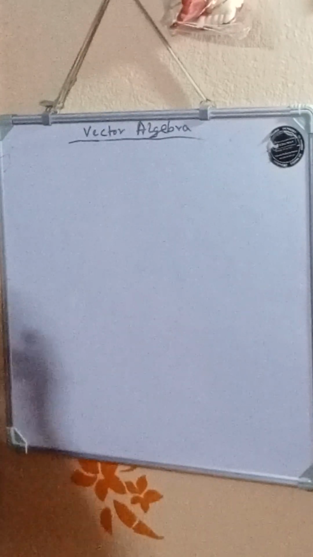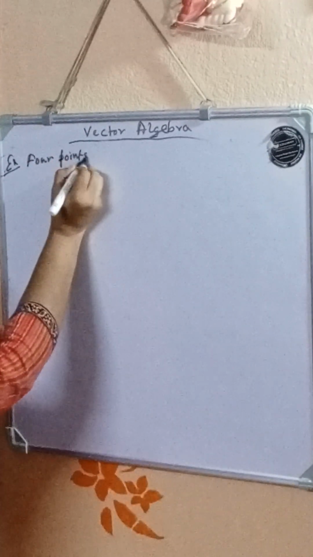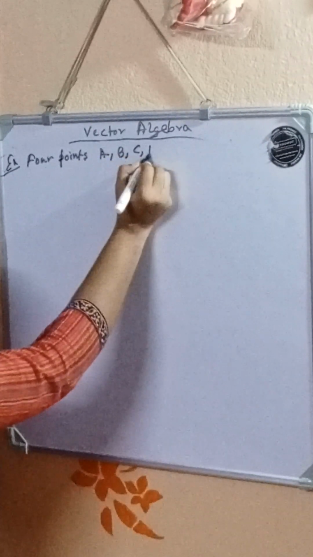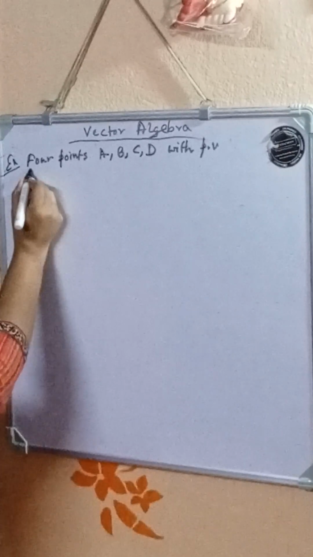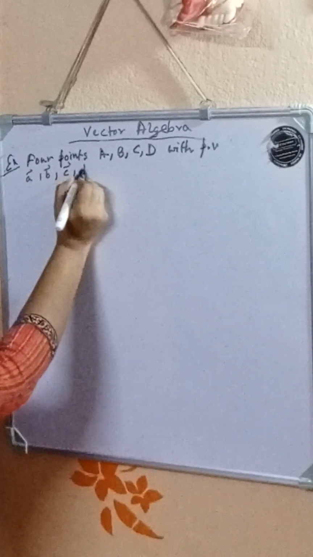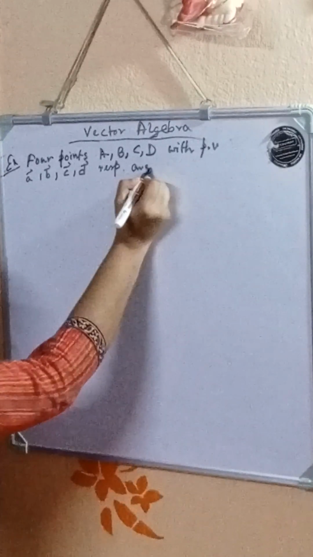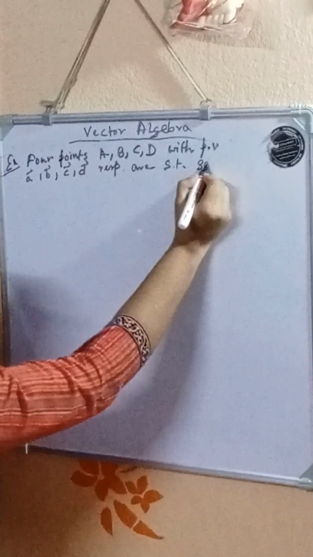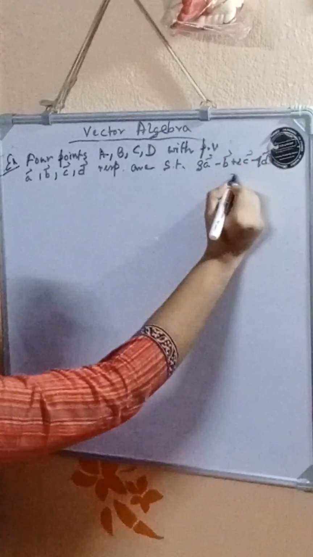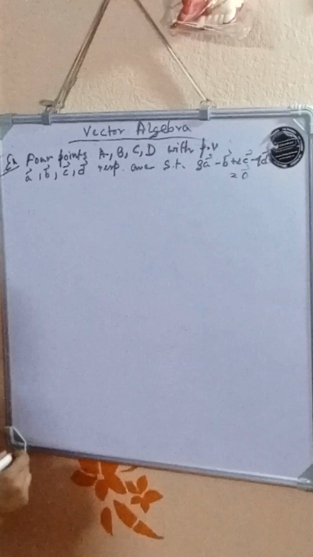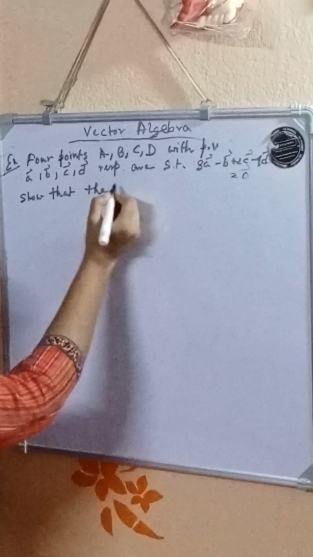Now let's consider an example. Four points A, B, C, D with position vectors A, B, C, D respectively are such that 3A vector minus B vector plus 2C vector minus 4D vector equals the zero vector. Show that the four points are coplanar.